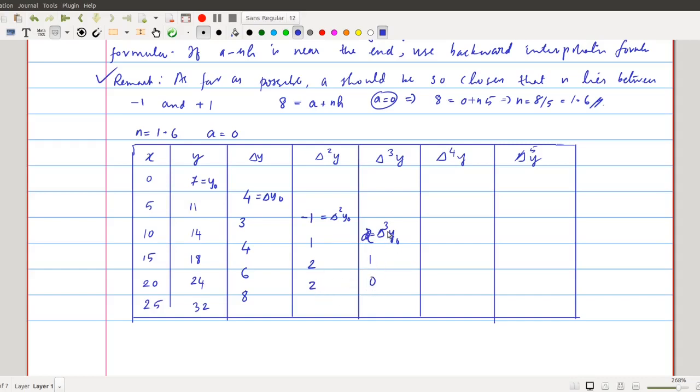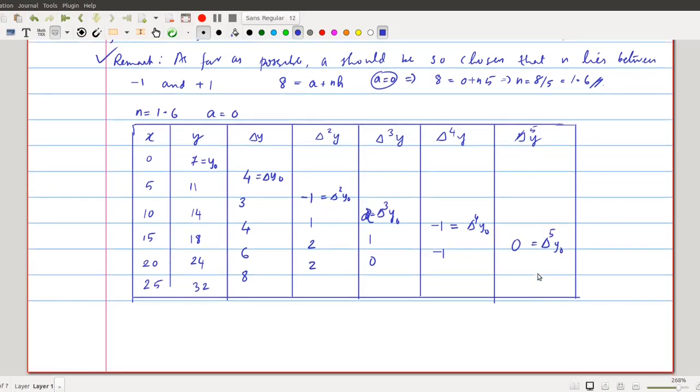Now delta cube y1 minus delta cube y0 gives delta raised to 4 y0, that is 1 minus 2, that is minus 1, and here we have 0 minus 1, that is again minus 1. Now the difference between these two will be 0, that is delta raised to 5 y naught. So first you need to complete this table, then only you can write f of a plus nh.